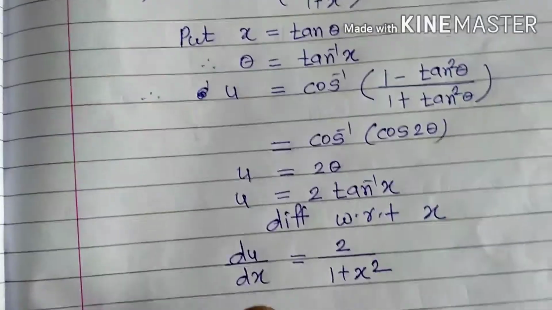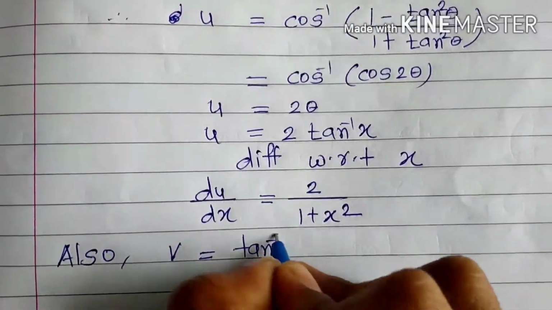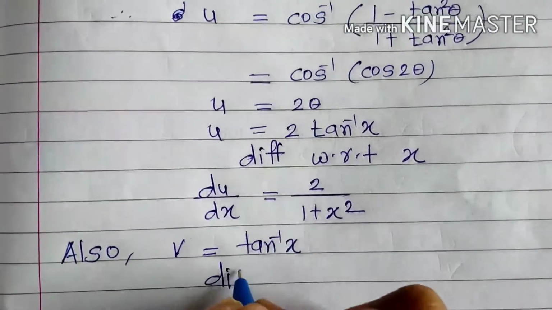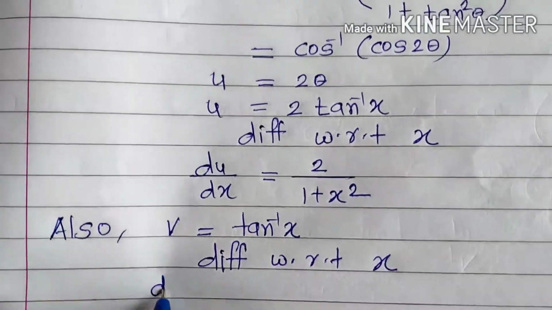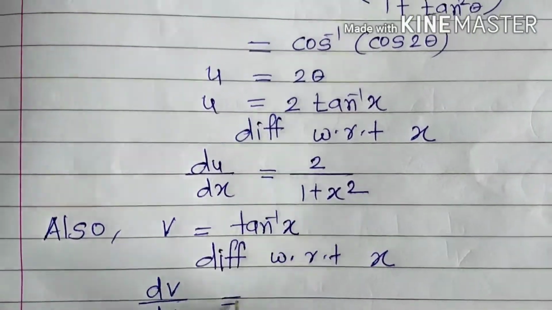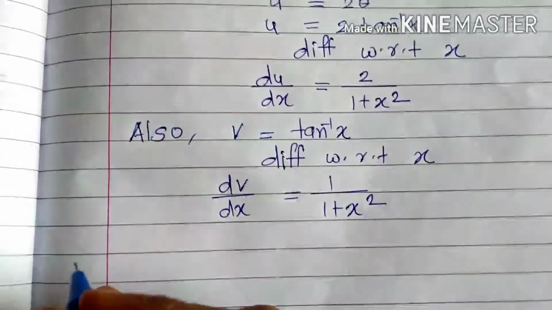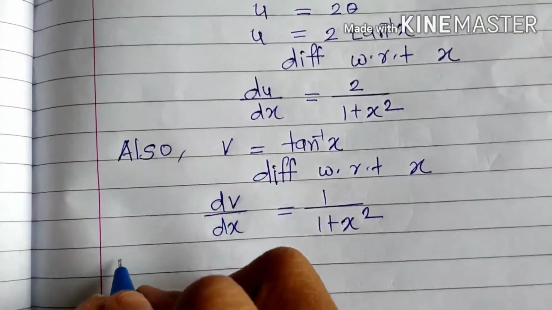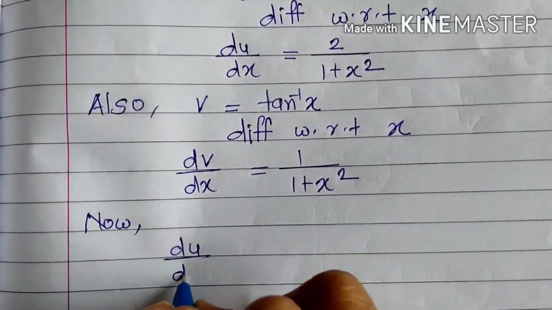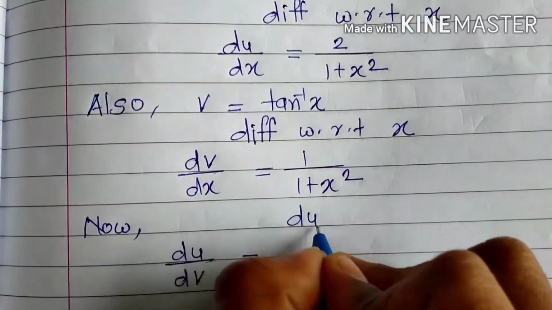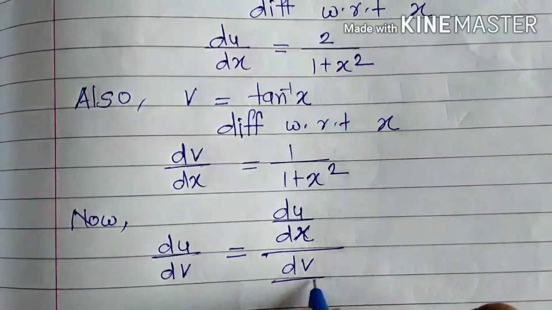Now also v is equal to tan inverse x. Differentiate with respect to x. dv upon dx is equal to 1 upon 1 plus x square. But we have to find what? Du upon dv. Now du upon dv is equal to du upon dx upon dv upon dx.